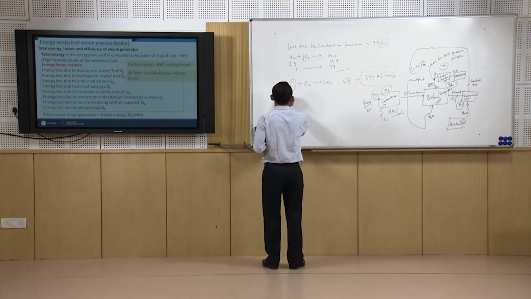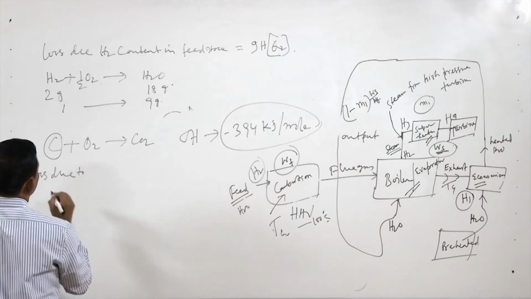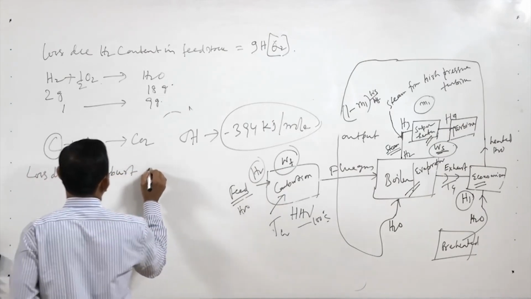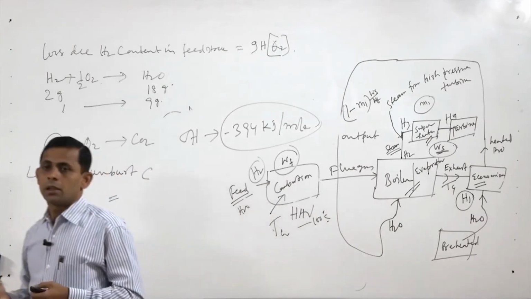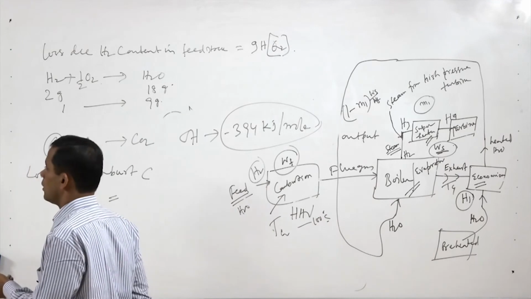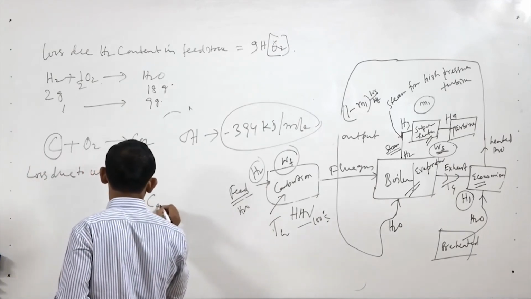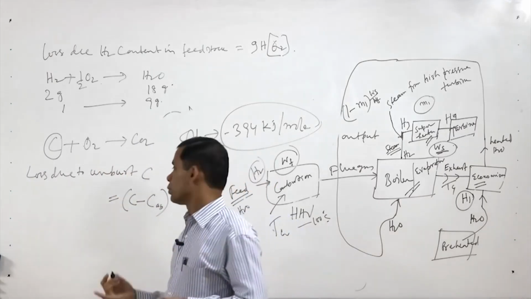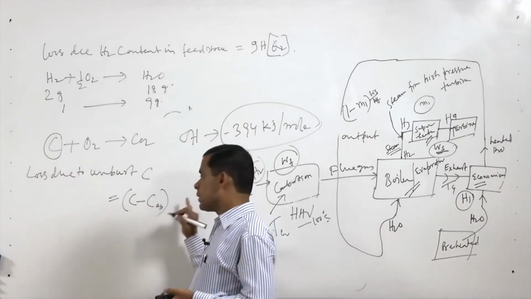That is why the heat loss due to unburned carbon, we can write, is how much carbon is present unburned, that is C minus C absorbed, total carbon minus C absorbed. That is the unburned carbon, into the heating value.